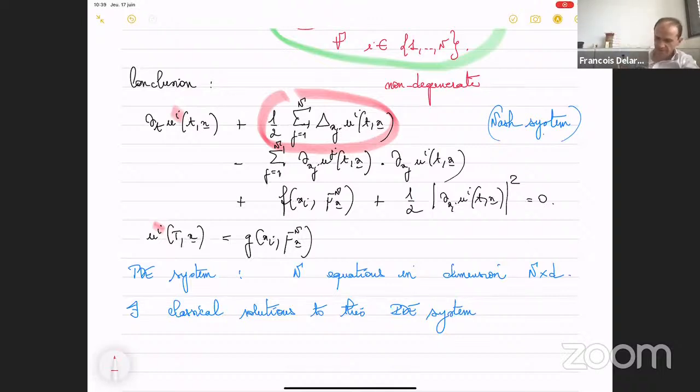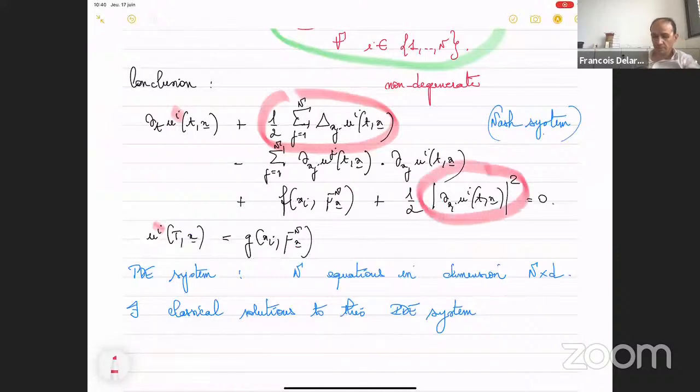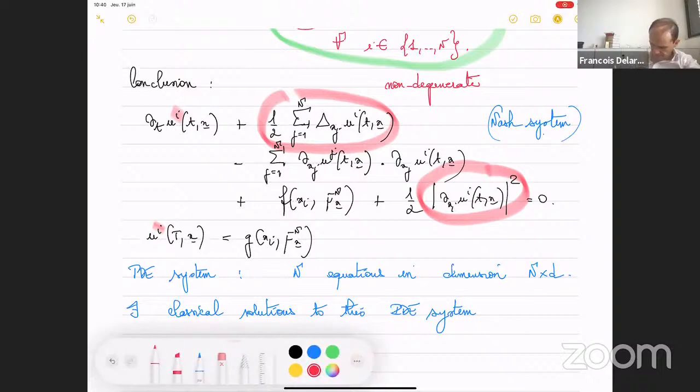So this is non-degenerate, but if you have a look at the way this is non-degenerate, this is absolutely not uniform in N. And this is one of the drawbacks, or one of the difficulties, from the mathematical point of view. Anyway, the fact that this is non-degenerate, I'm sure that you know these kind of things in PDE theory. This is really helpful to get classical solutions. This is not completely easy because you pay for this quadratic term here, and some people in the audience are specialists of this kind of equations.